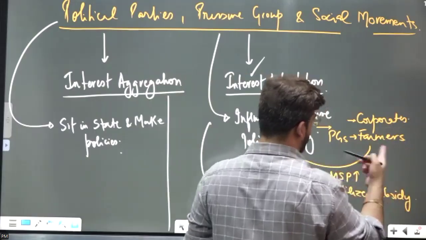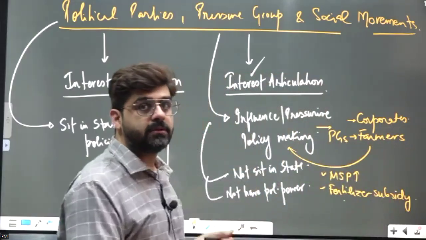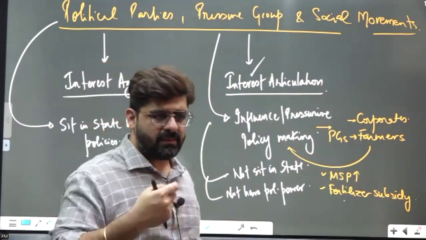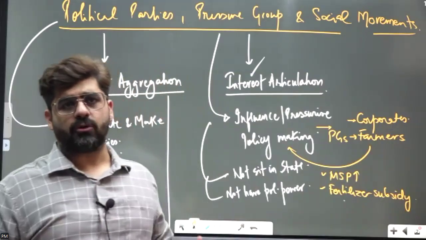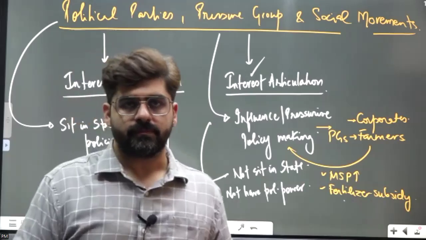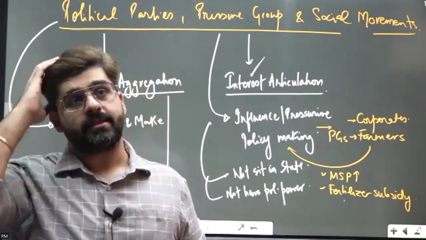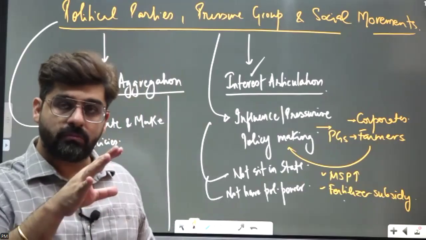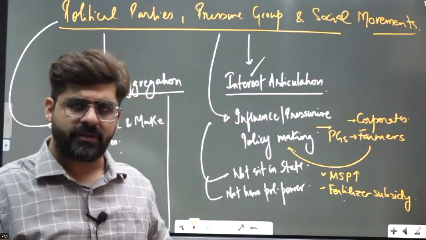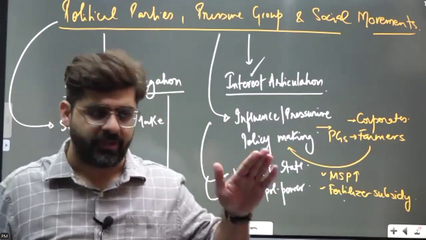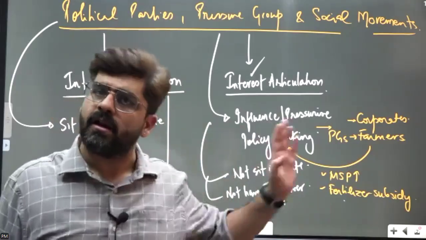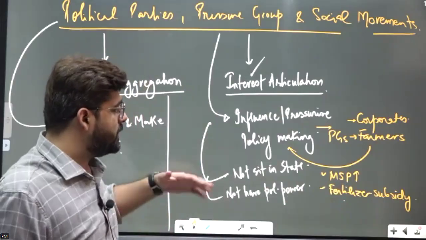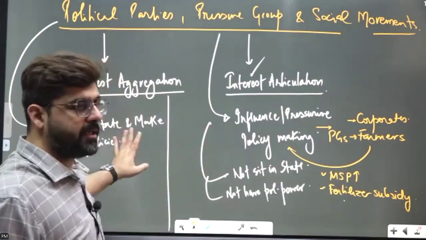Their main task is to influence the policy so that corporate taxes are low, so that the labor laws are not too stringent, so that they can easily earn money and do their business. So they have their own concerns. And we have discussed this in paper 1, how various pressure groups exist in India trying to influence this. So that's the fundamental difference between a pressure group and a political party.